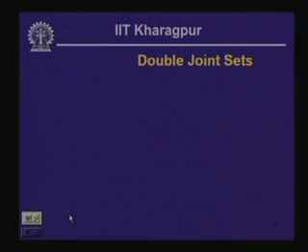Then we also have to look at the joint sets, and how the joint sets are oriented with respect to the alignment of the tunnel. If you recall, joint sets are essentially cracks in the rock mass.